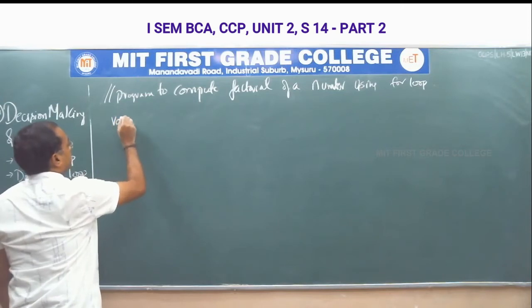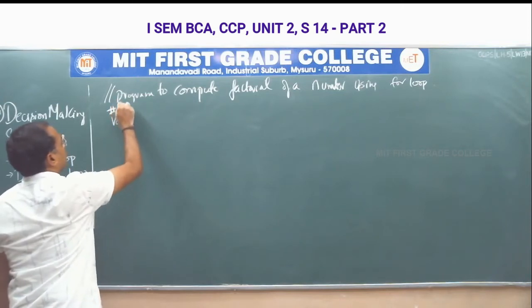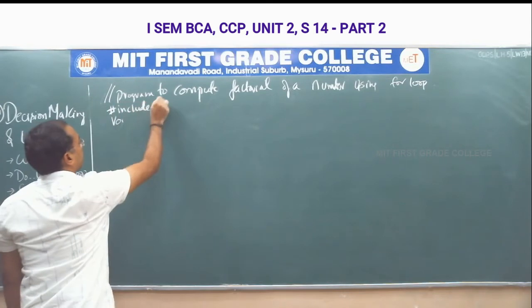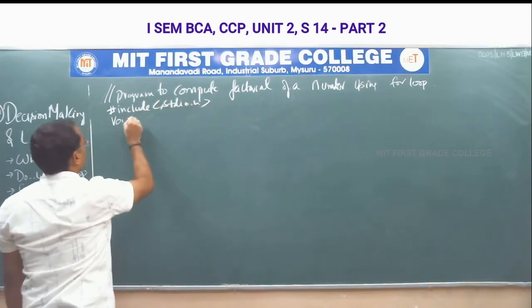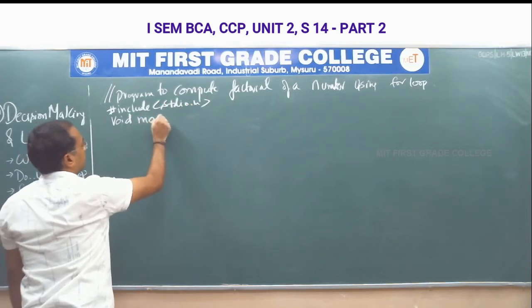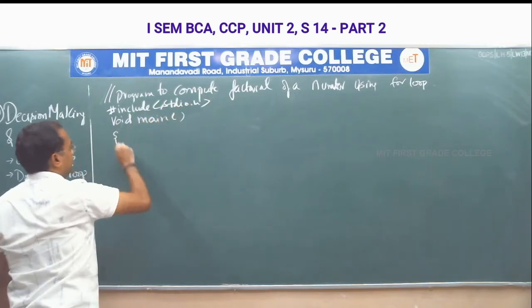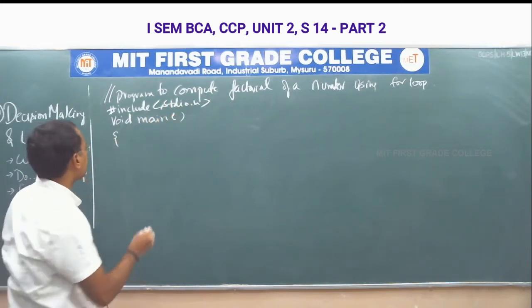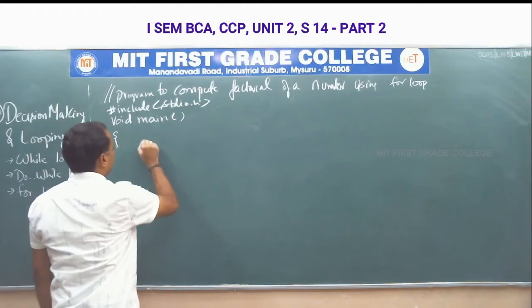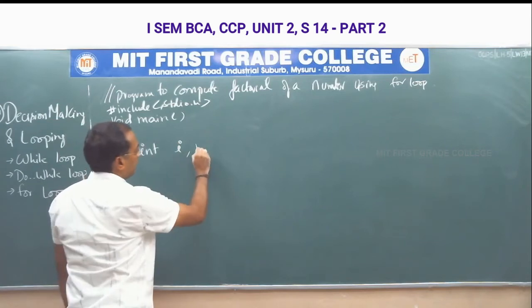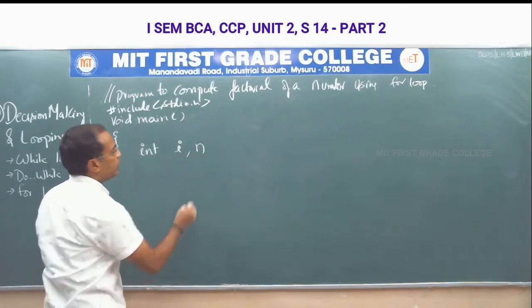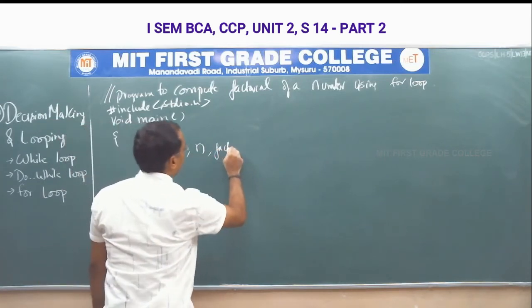Void main, hash include stdio.h, void main. Now I'll declare the variables. I have to declare the loop control variable i, and then n, that is the input, and fact.